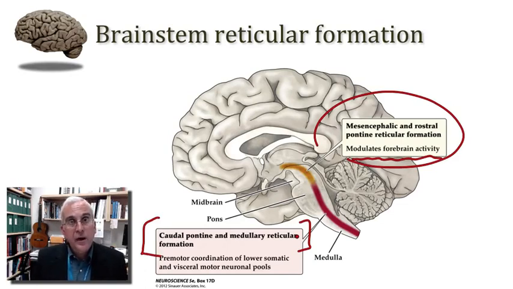Other networks are concerned with somatic motor function, and here's where we imagine our paramedian pontine reticular formation coming in and helping to organize horizontal gaze movements. But there are other circuits within this reticular formation that are concerned with modulating the gain of segmental reflexes in the spinal cord, as well as making adjustments of posture.